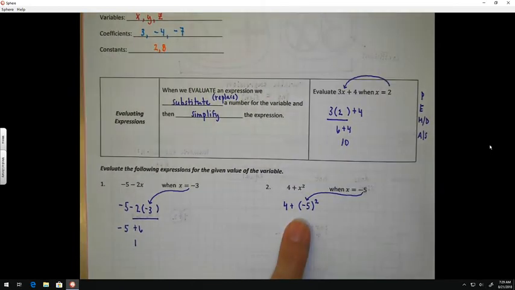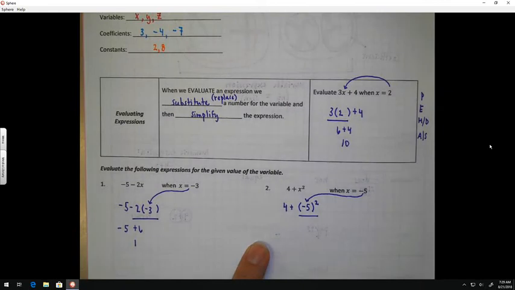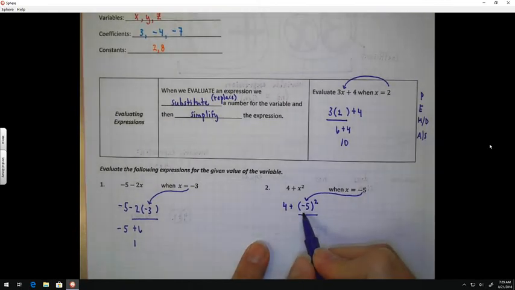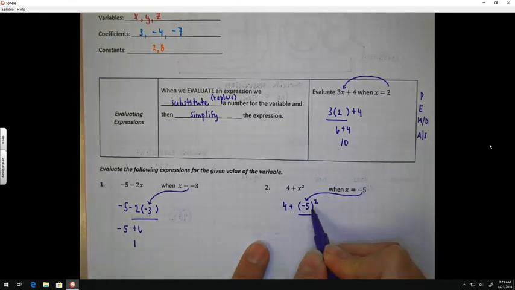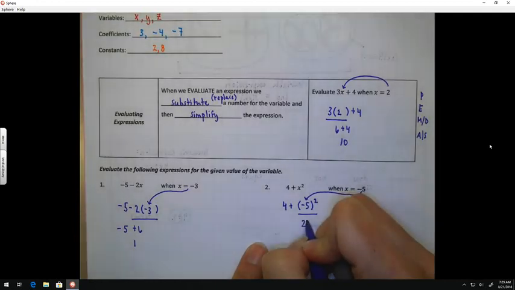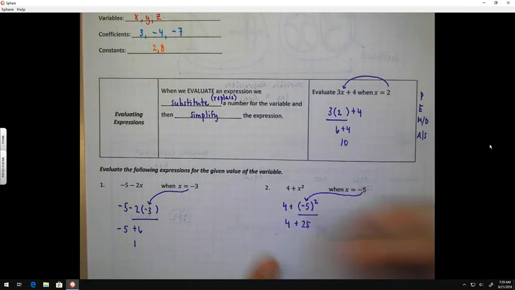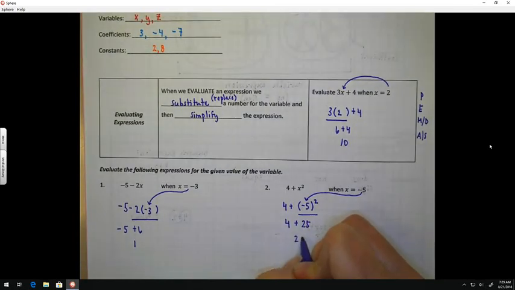Now, if I look at my order of operations, I have exponents in this problem, so I need to do this first. Now, we have to be careful when we plug this into our calculator. We need to make sure we put those parentheses into our calculator. So negative 5 squared is going to give me a positive 25. I'm going to bring down my 4, and 25 plus 4 gives me 29.